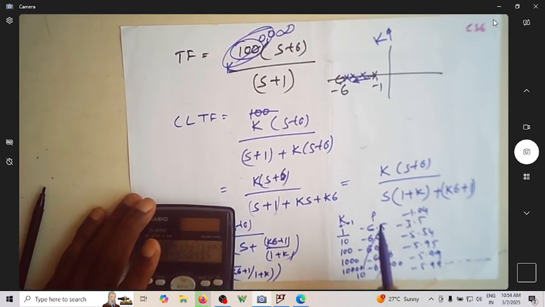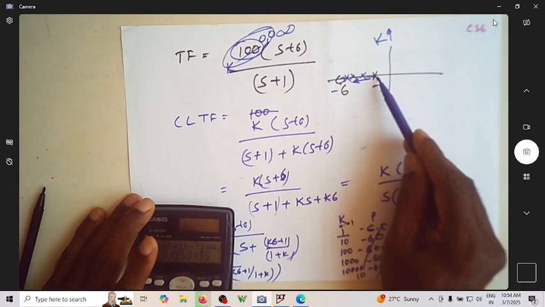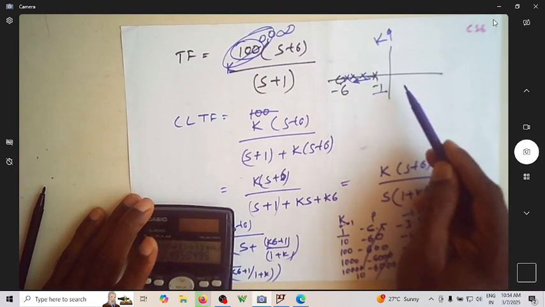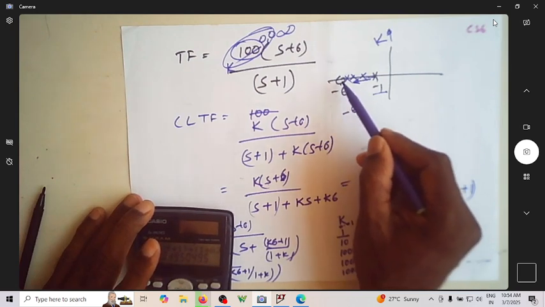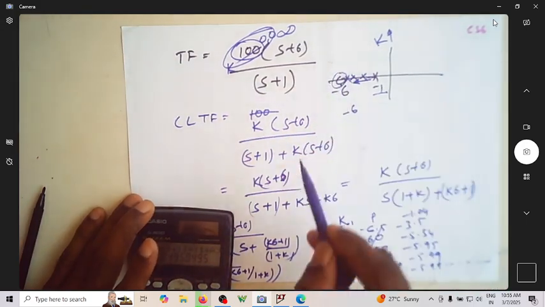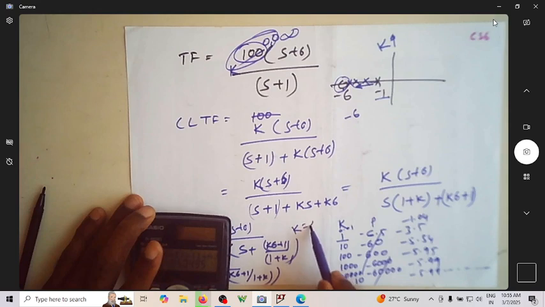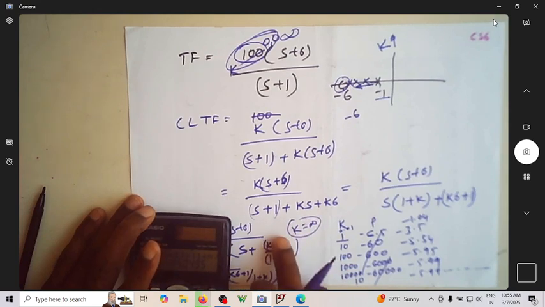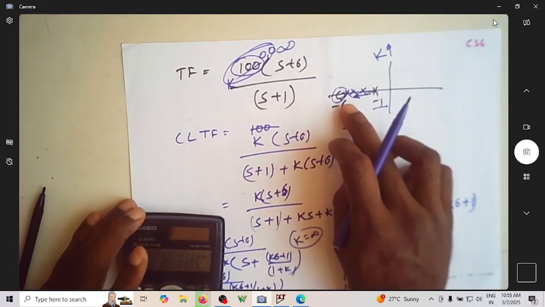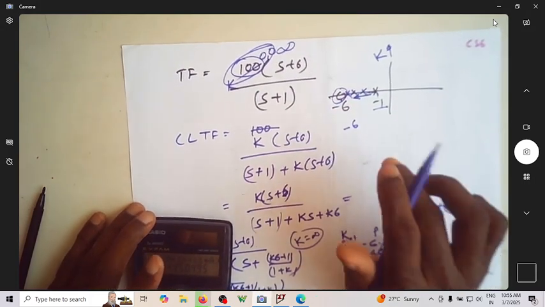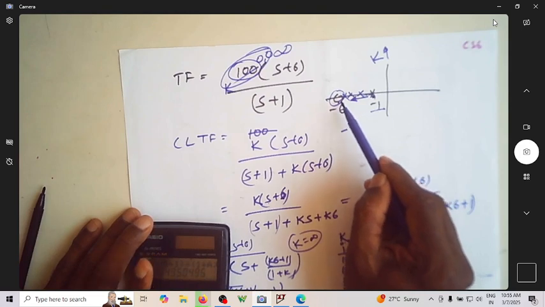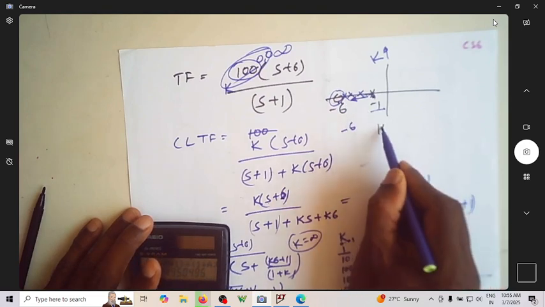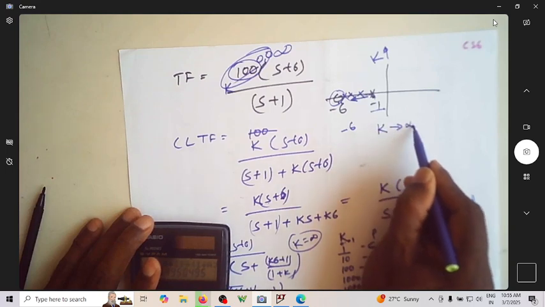What I mean to say is, this pole which is at minus 1 will go and occupy minus 6, that is the zero position, when k is equal to infinity. Only when k is equal to infinity will this become equal to minus 6. All open loop poles will settle down at the zero position as the value of k tends to infinity.